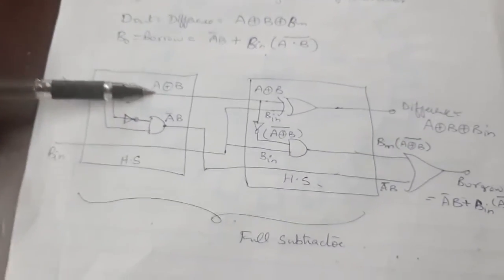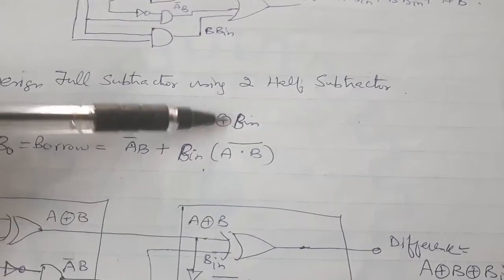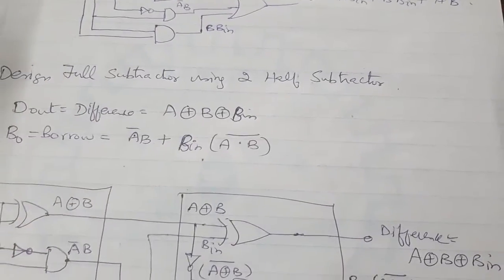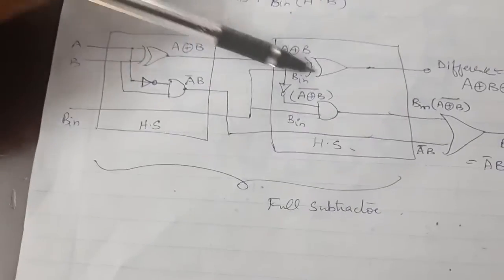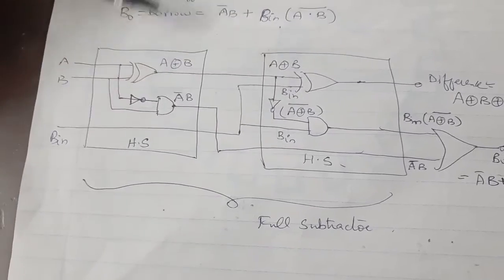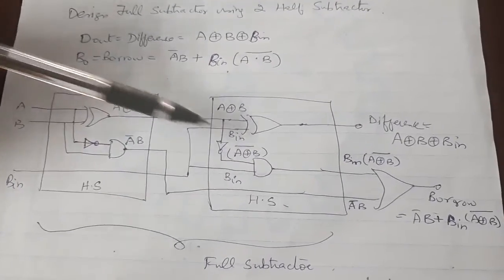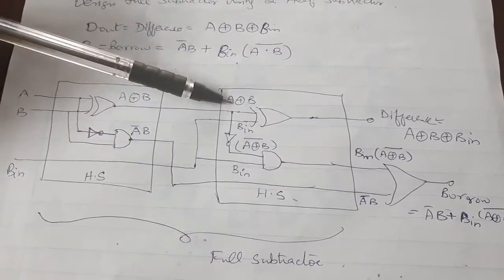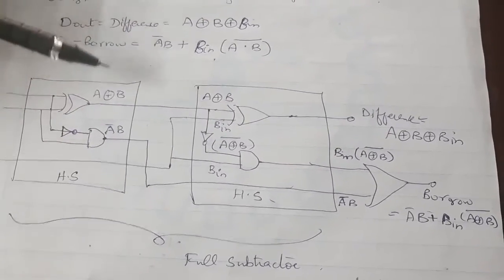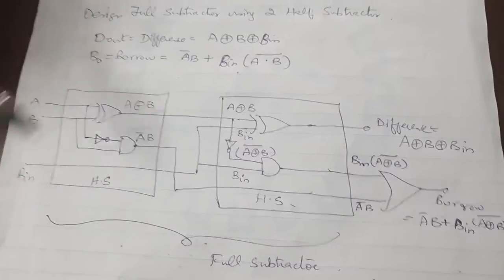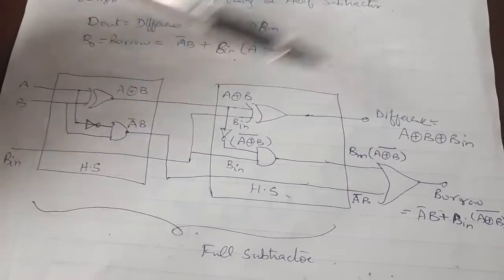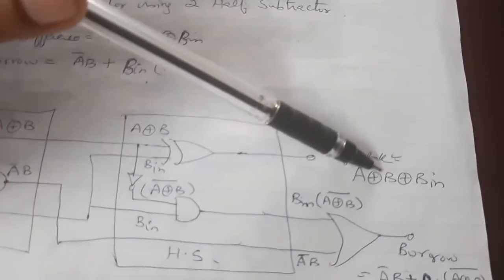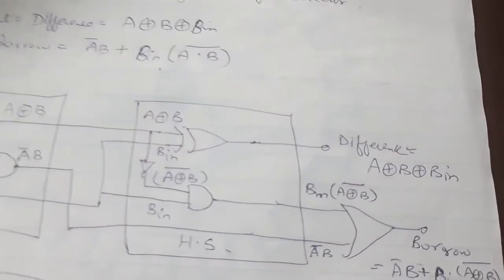For the second half subtractor you take B in with exclusive OR, so you bring a third input and do an exclusive operation on your previous output. So the answer is A exclusive OR B from your first half subtractor, and the third input is exclusive OR. So the difference is A exclusive OR B exclusive OR B in.